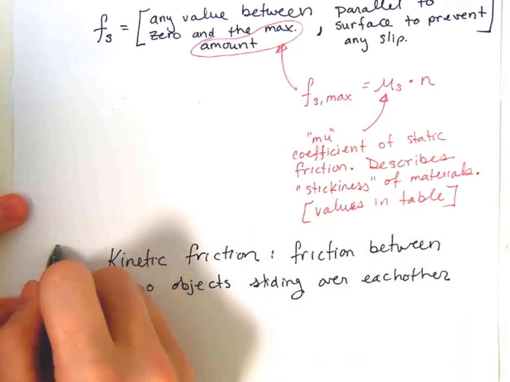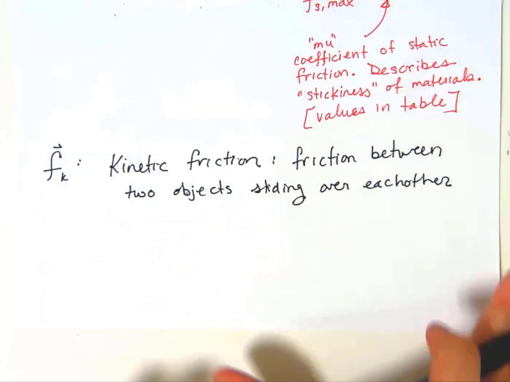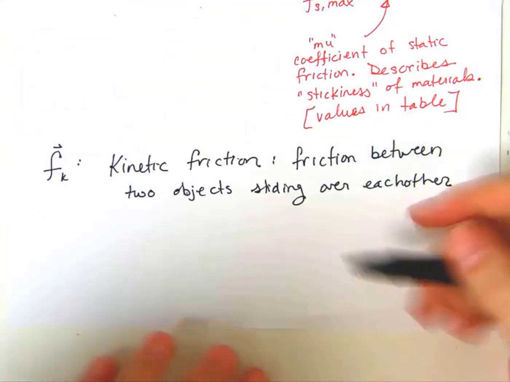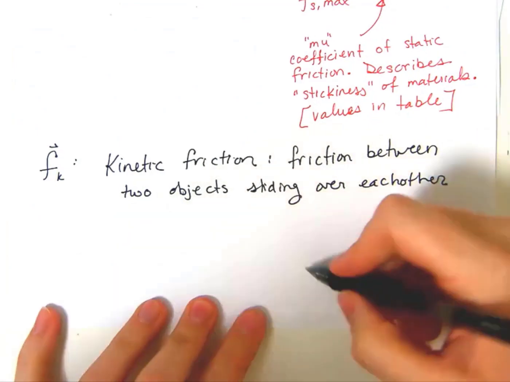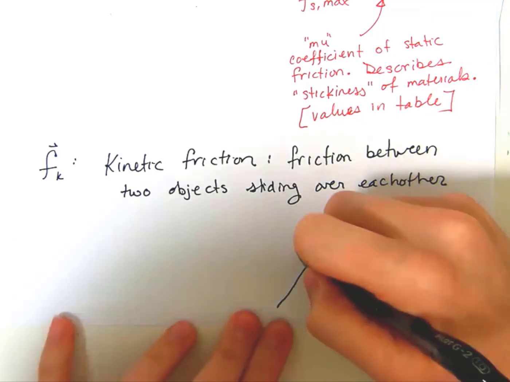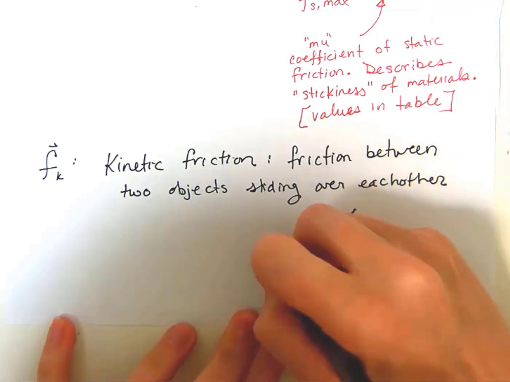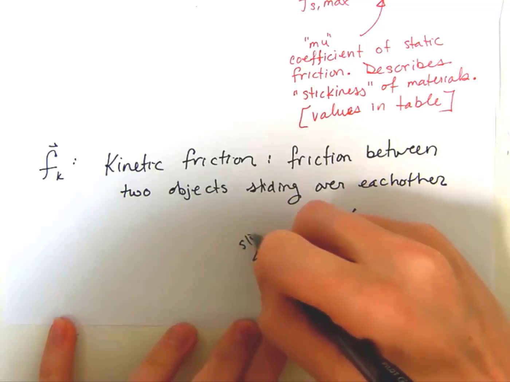And our abbreviation is going to be F with a little k. So let's maybe take that ramp that I had drawn before and draw it much steeper. And imagine that the block is slipping down the surface, sliding down.